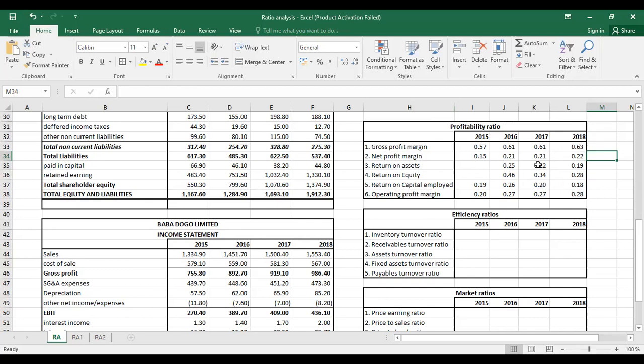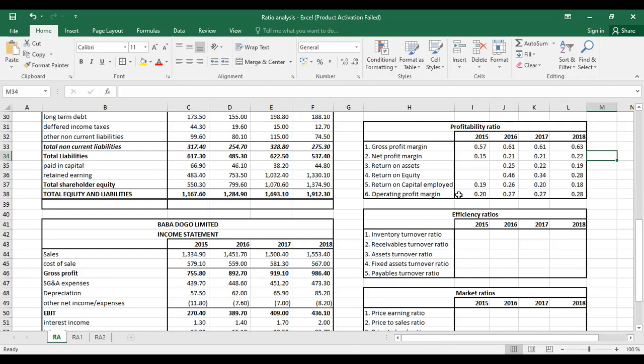Return on assets is reducing. It means we are not utilizing our assets properly to generate income, because it's return on assets. Then return on equity is also reducing. The same thing, the equity employed, we are not fully utilizing it, but the percentages are in a good range.